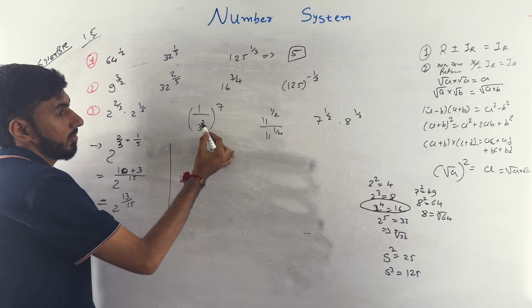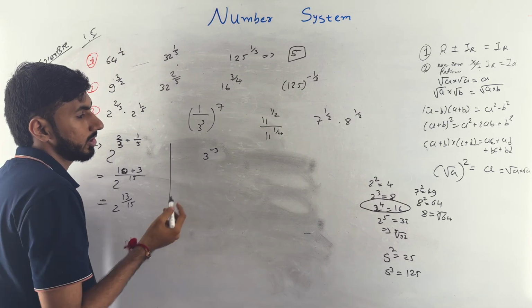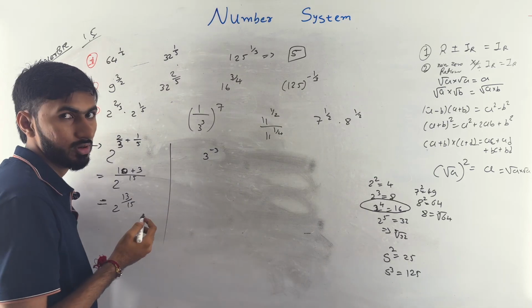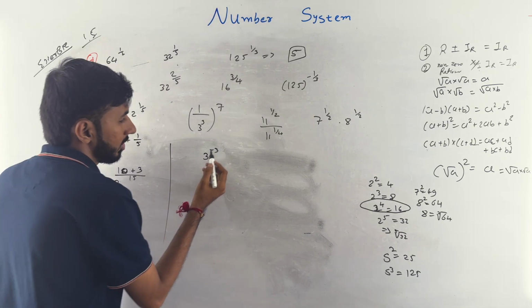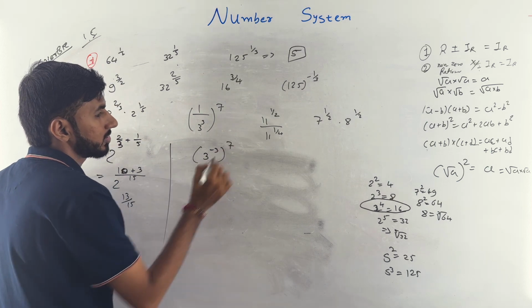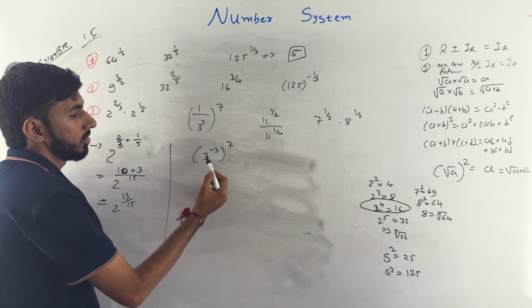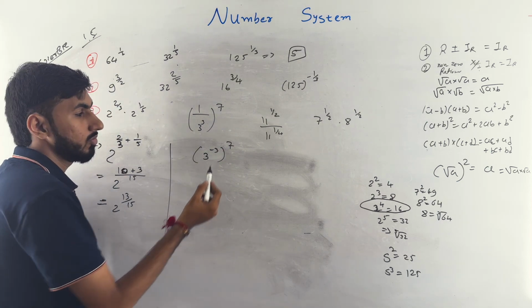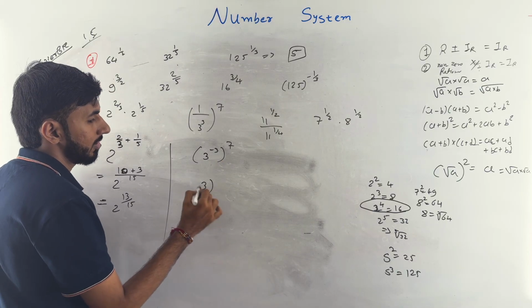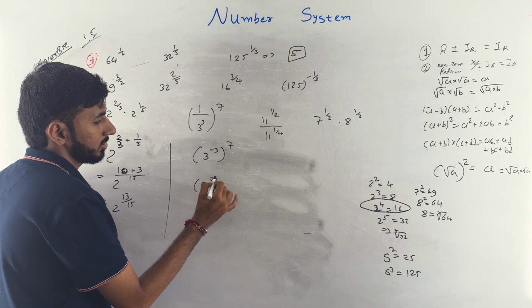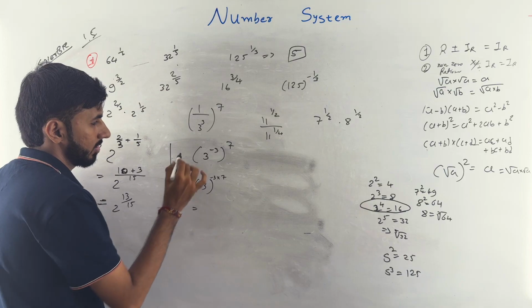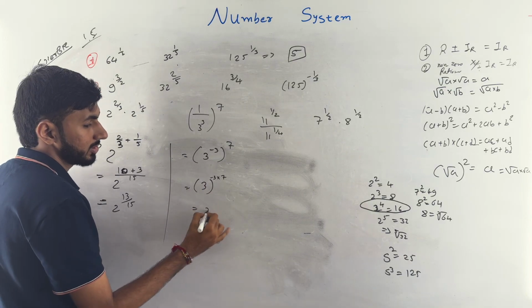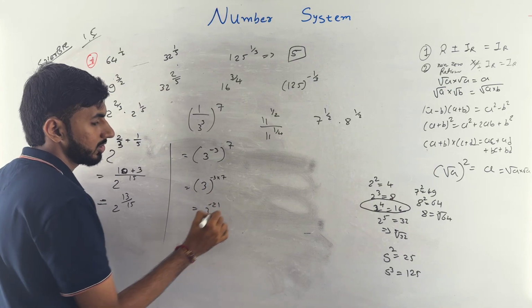So here I have power as 3, so I put it as a numerator, I have to change the sign of power, right? So 3 power minus 3, again power 7. Now it is in the form of power m power n, so I have to multiply the powers, that is 3 power minus 3 multiply 7. Now minus 3 multiply 7 will be 3 power minus 21.